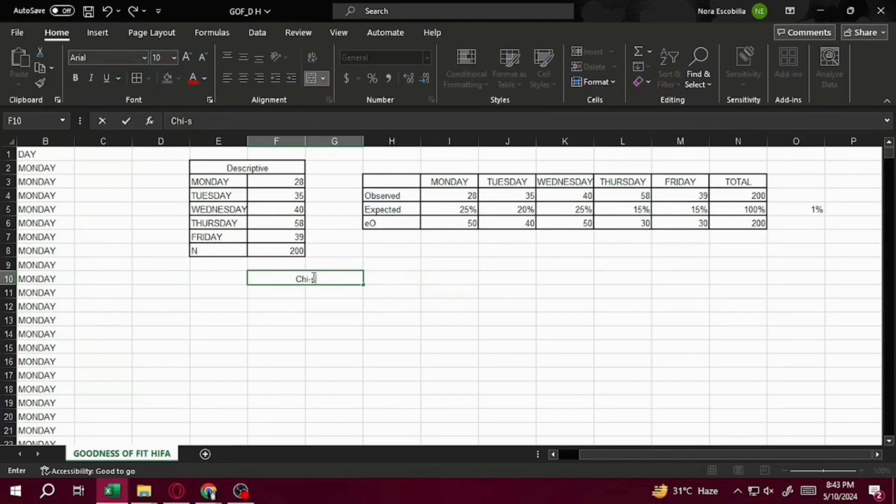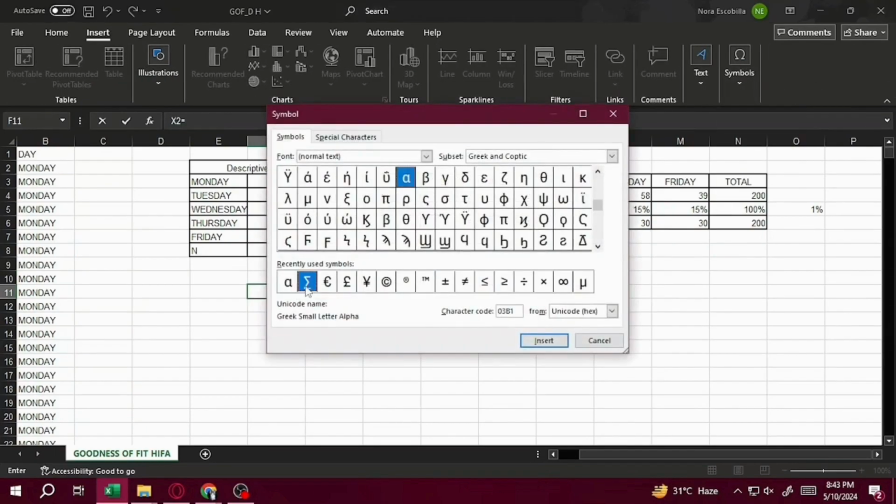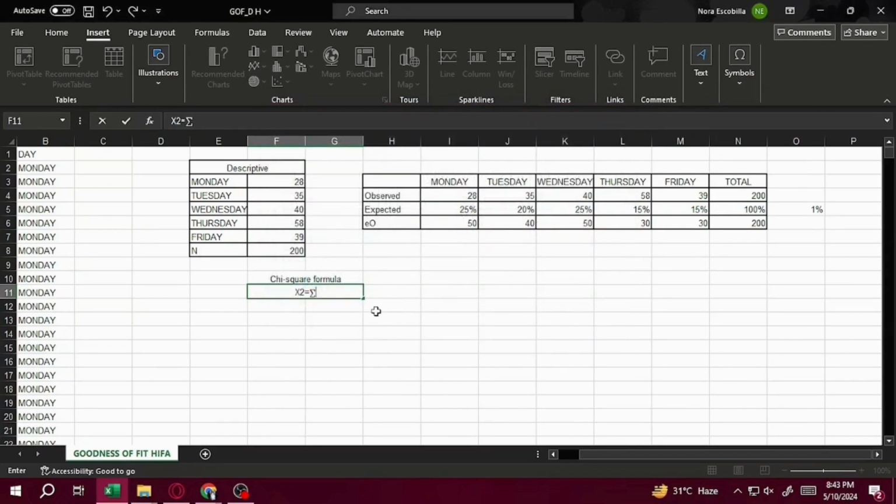The next thing that we are going to do is get our chi-square. The chi-square formula is x squared equals summation of observation minus expected, squared, divided by expected. So our observed value is 28.